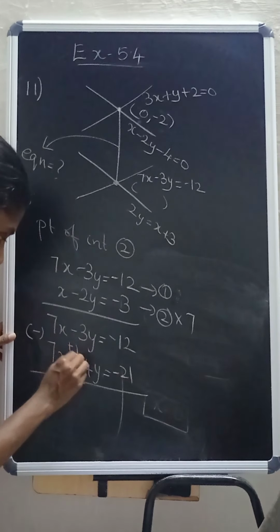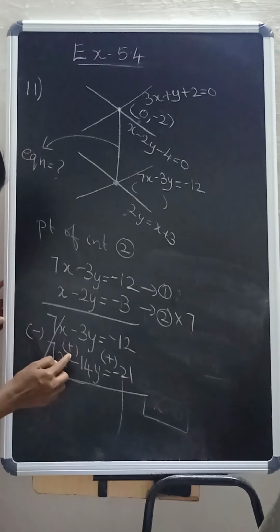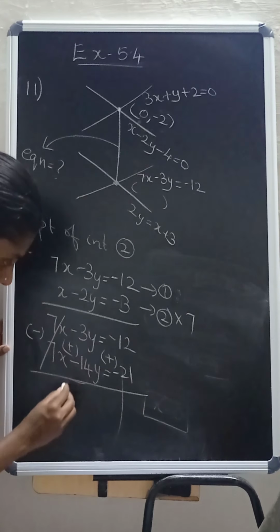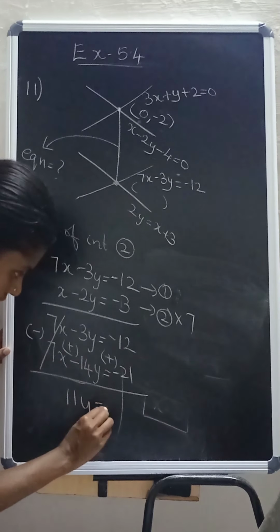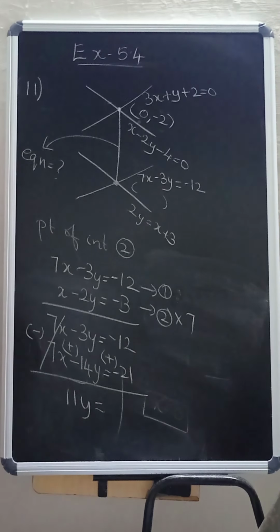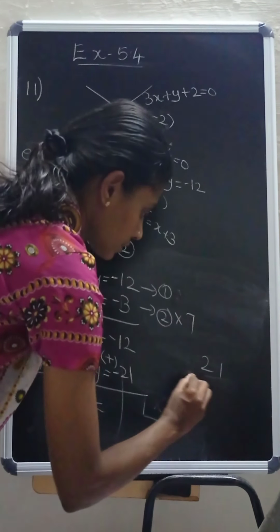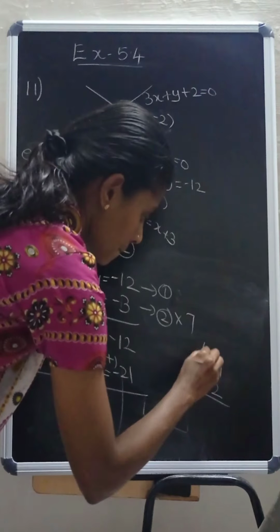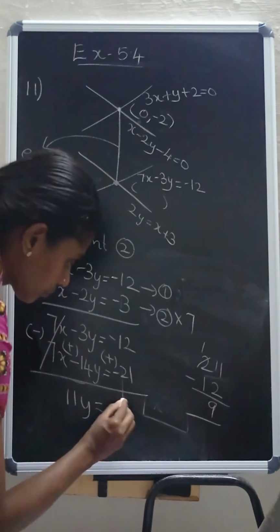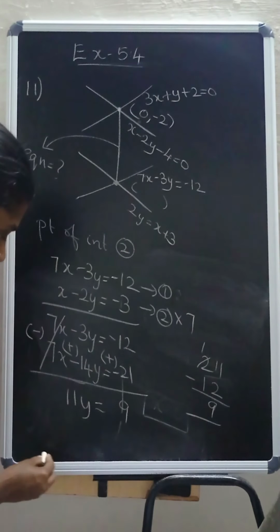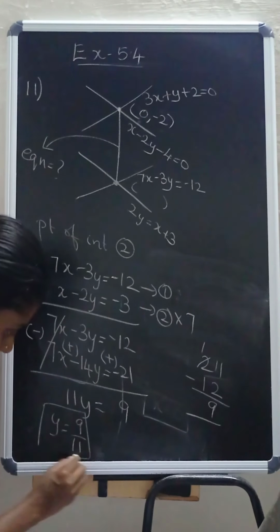Change the sign, cancel the x part, plus minus minus, so 14 minus 3 is 11y. 21 minus 12, the greater number's sign is plus, y is equal to 9 by 11.